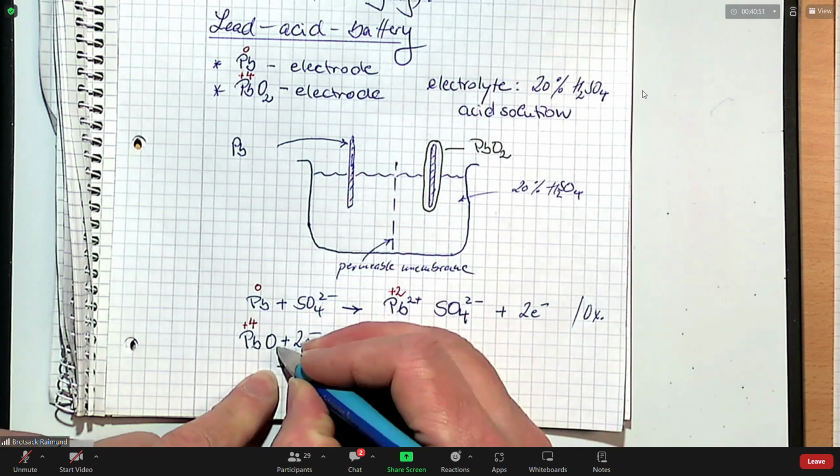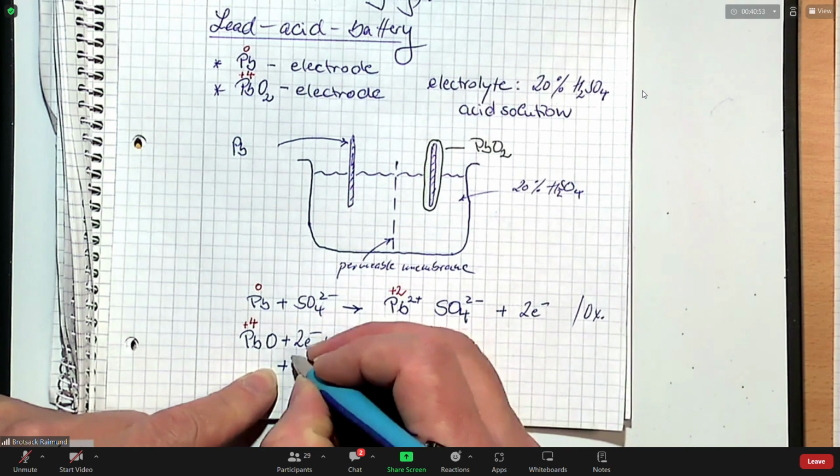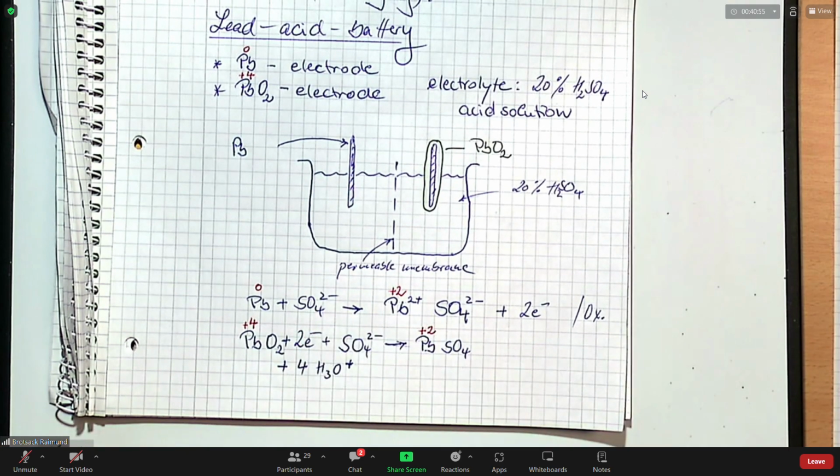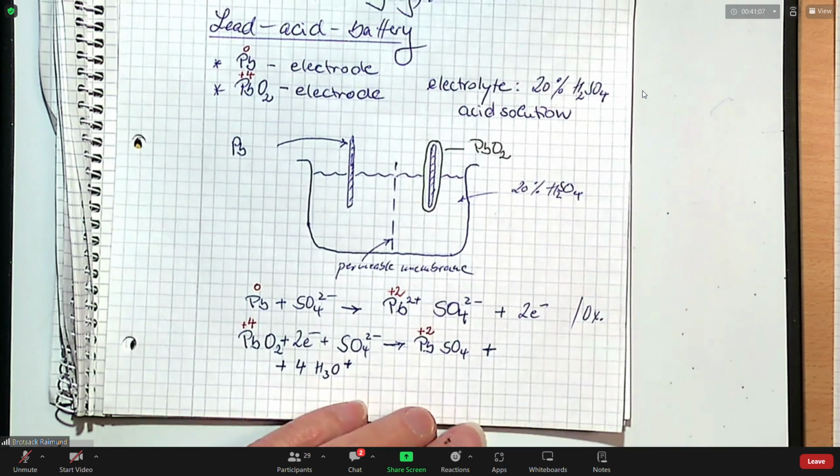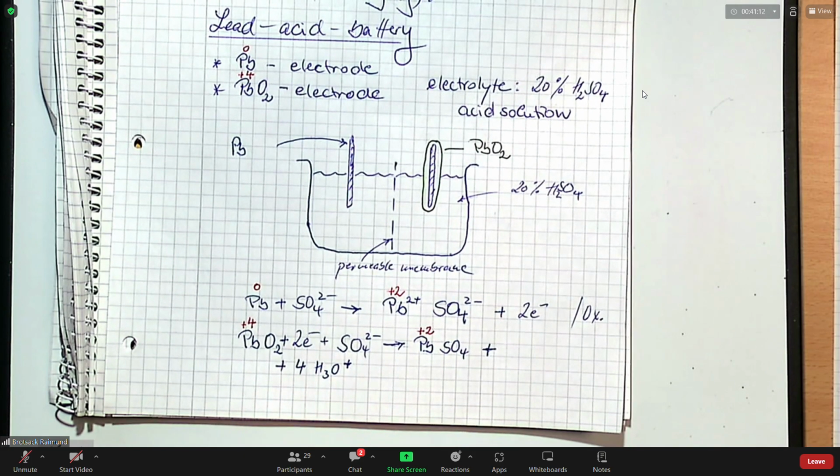Oh, yeah, sorry, PbO2. So even for the oxygen, it doesn't work. So what do we have to add on the right side for the balancing?